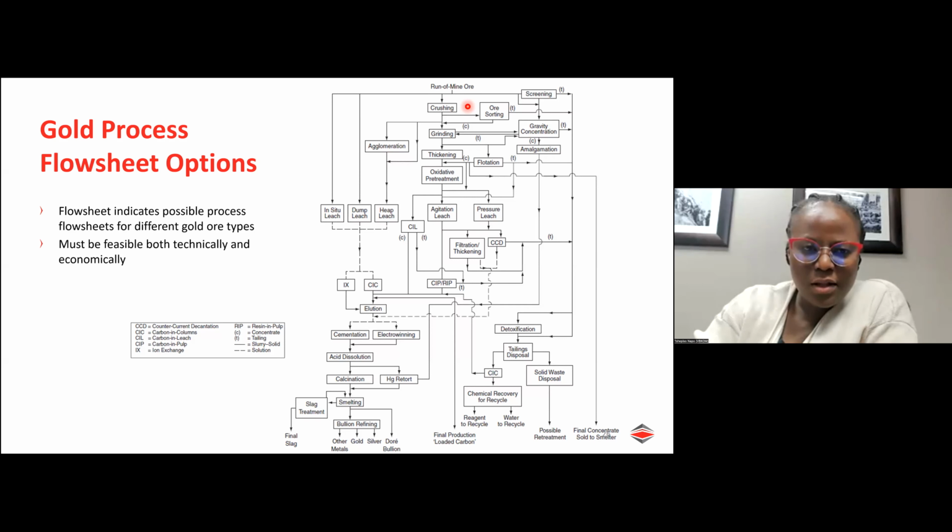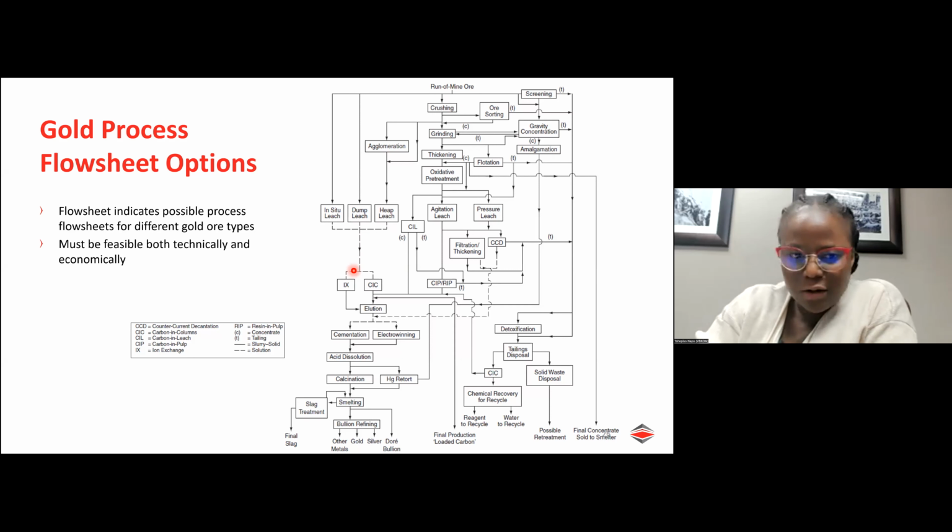Okay, so you either have the option not to crush and send it straight to a dump or heap leaching facility, or you can crush. You can crush and then send that to a grinding facility, or there are many options, send it to a heap or dump leaching facility, after which your pregnant solution will go for ion exchange, or can go to a carbon in solution circuit for adsorption.